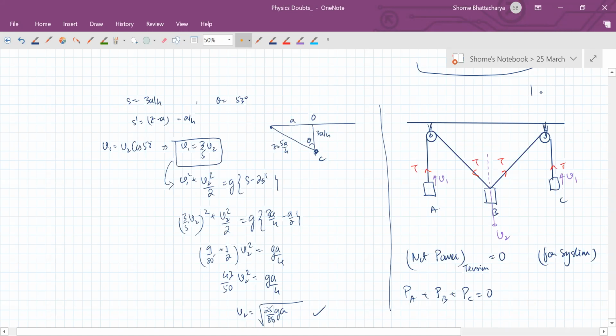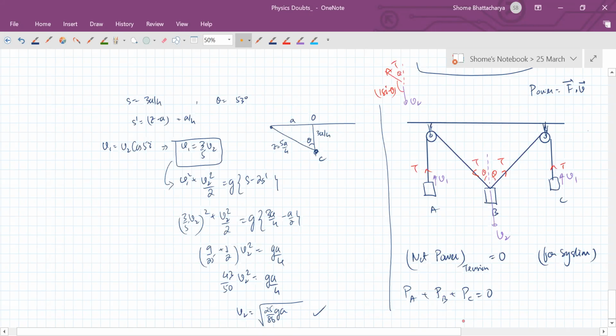Now power delivered by any force is given by the relation F dot V. So over here you can see if this half angle is theta, then what is the angle between the velocity vector V2 and this tensional force T? This angle is 180 minus theta, because this angle is theta.